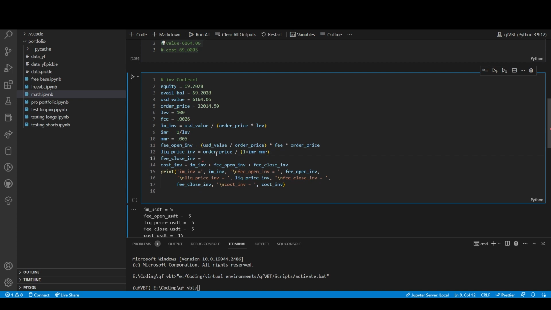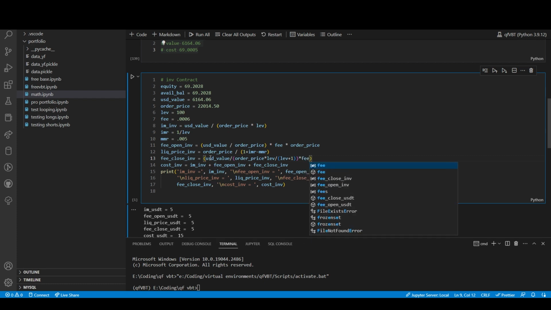Okay. Then the fee to close is USD value divided by order price times leverage divided by leverage plus 1, times fee.